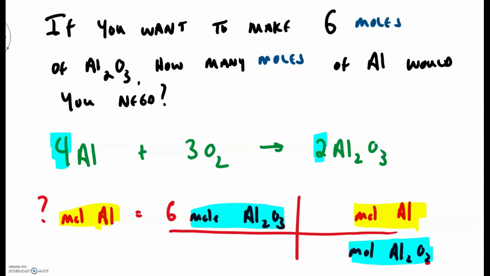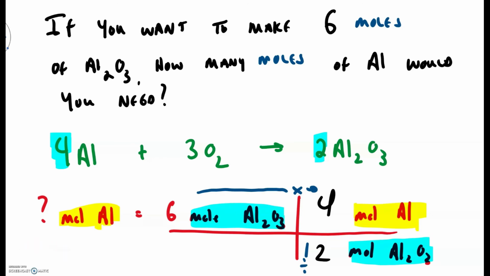All we need to do is plug in our ratios from the balanced equation: 4 moles of aluminum, 2 moles of aluminum oxide. We're going to take our calculator, multiply across the top, and divide by the bottom, and that will give us our answer.